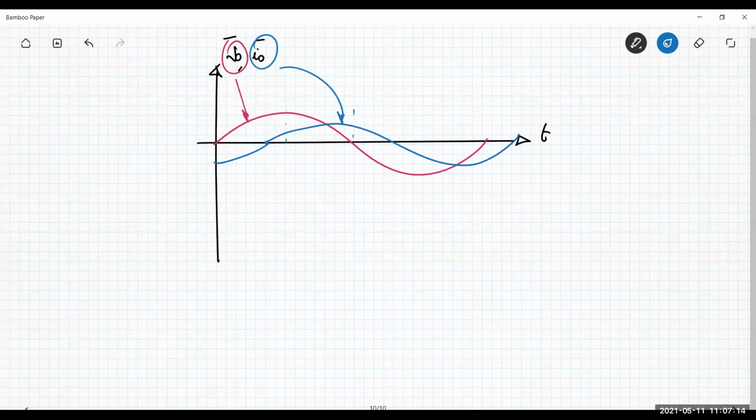So we have a region in which the current is positive, like for example here. Okay, here the current is positive. And you have a region in which the current is negative.